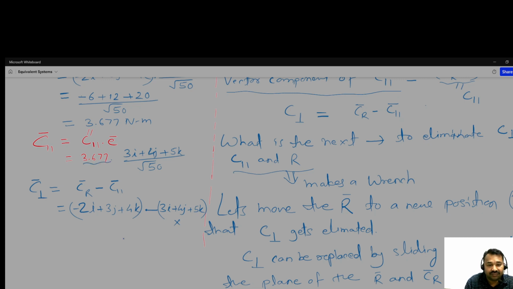This divided by this, so it is multiplied by 0.5185. So what we get from here? We get minus 3.56i, then 0.92j plus 1.4k.